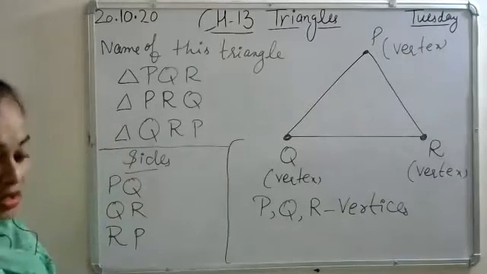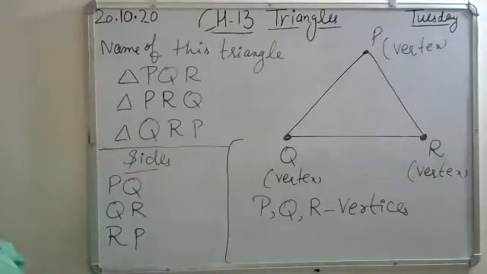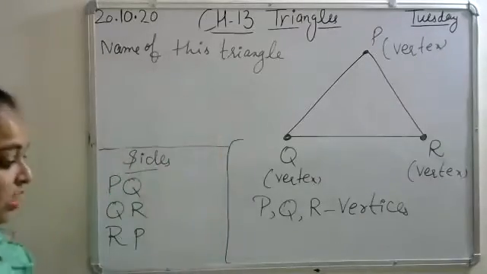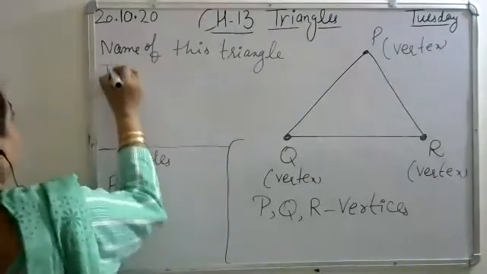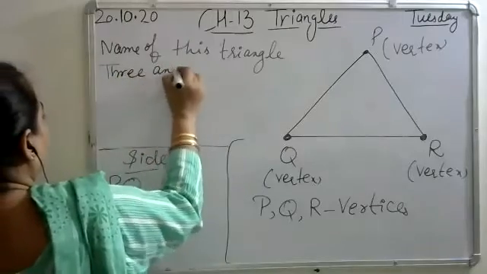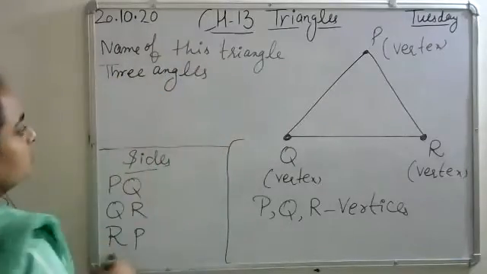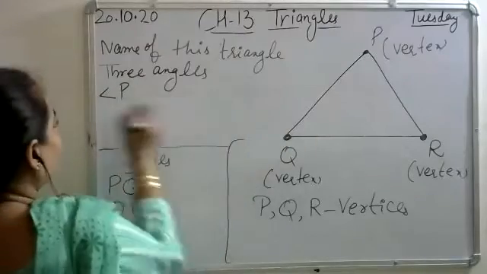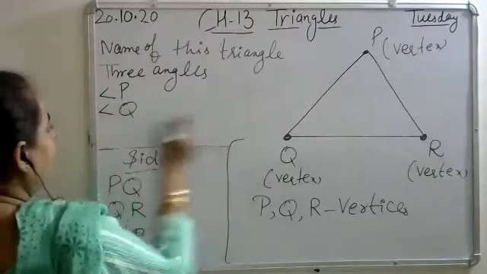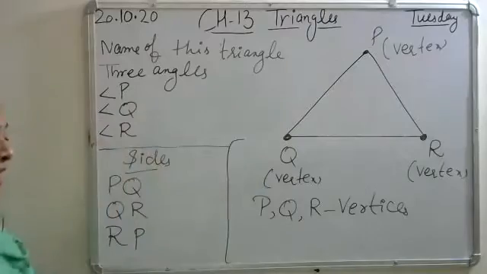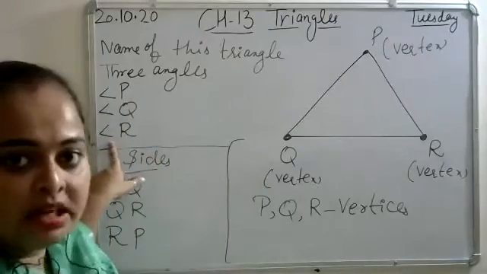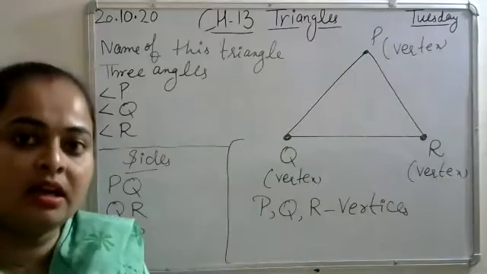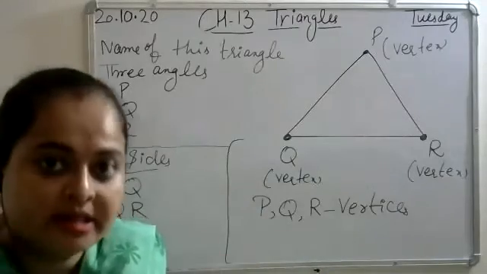So note down, and in this we have three angles also. Angle P, angle Q, angle R. Again, this symbol of angle is very, very important. If you are writing the name of a triangle, then the symbol of triangle is important.